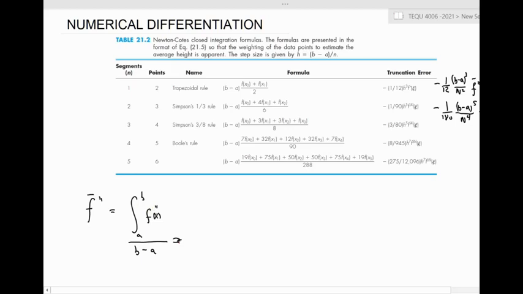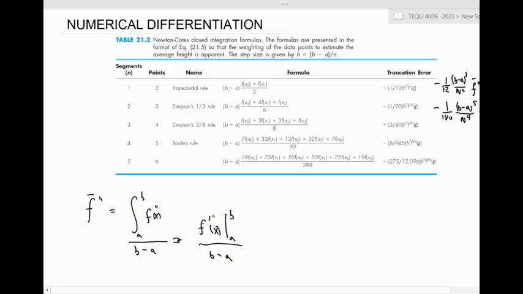The integral of the second derivative is obviously the first derivative, f prime of x, evaluated between a and b divided by b minus a. As you can see, I don't need the second derivative.